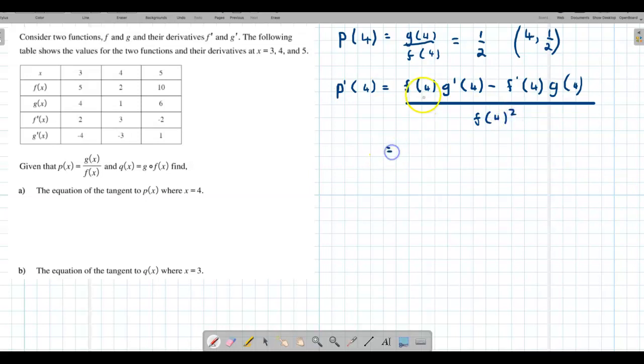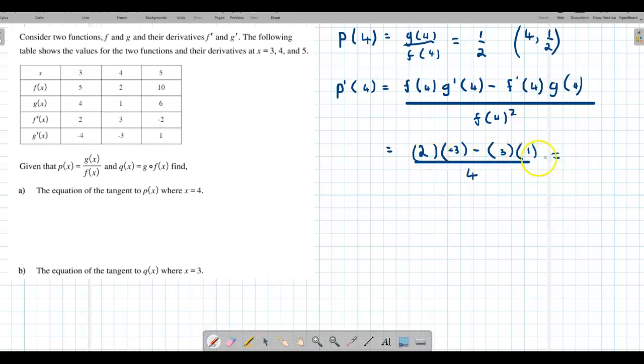So now I'm going to start looking up all of these numbers. So f(4), I can see is 2. g'(4) is -3. Take away f'(4) is 3. And g(4) we already had a minute ago was the 1. And f(4) squared is 2 squared, which is 4. So we're going to divide all of this by 4.